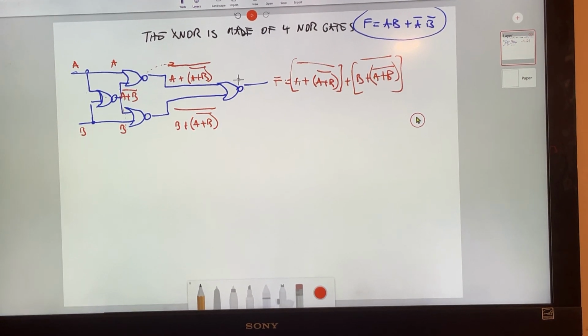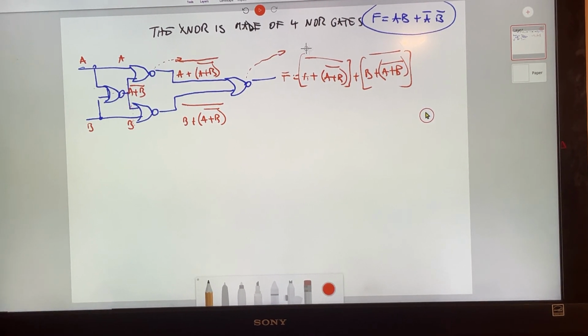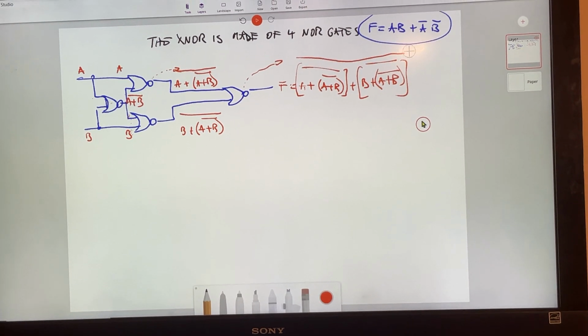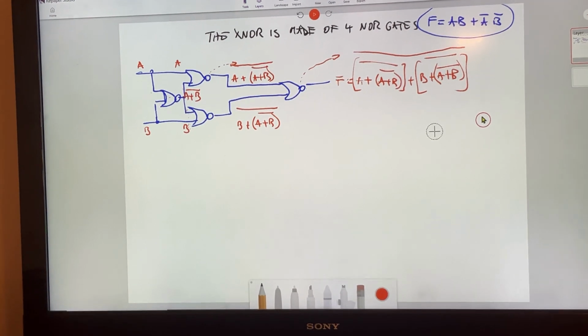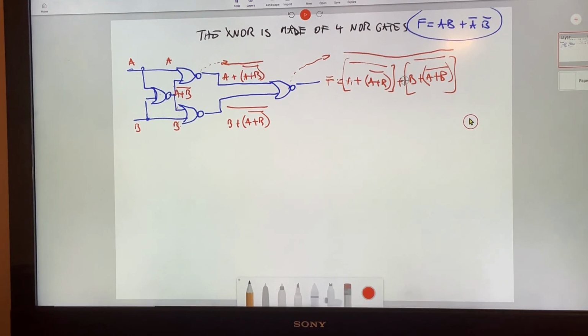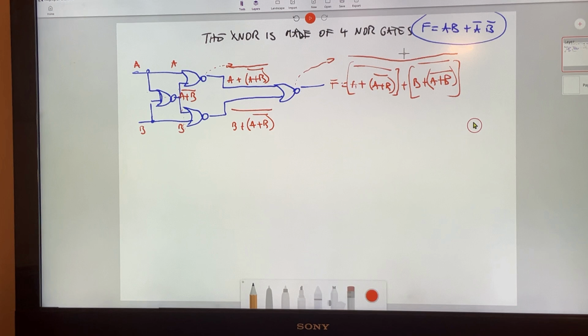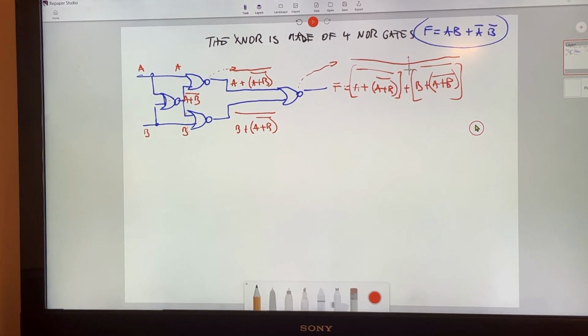And because of the bubble right here, there is going to be a huge bar in the top of the whole thing. Now here is the problem. It's a very complicated expression. So the purpose is what? The purpose is just to break the bar right here in the middle.